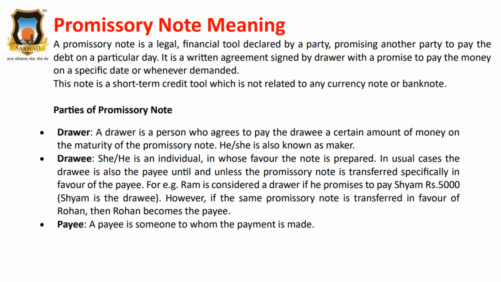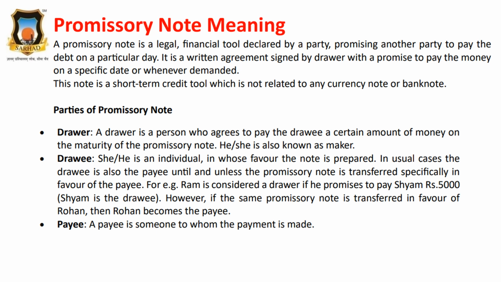However, if the promissory note is transferred in favor of Rohan, then Rohan becomes a payee. Payee, जिसको पैसे मिलने वाले है वो. Now Sham is not a drawee.